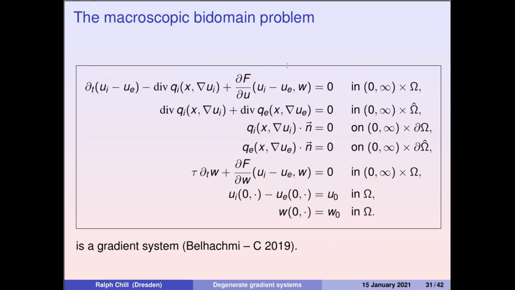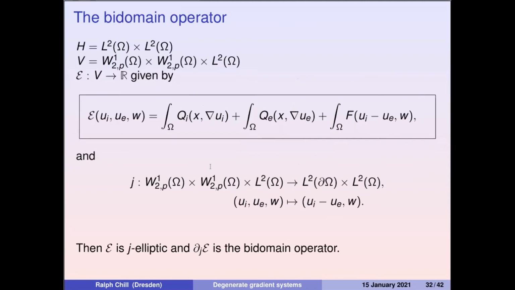So this part here is described by this operator. Everything, all lines, also the Neumann boundary conditions, is included into the subgradient, and this is really a gradient system on the product space L2 with L2, and you can now solve for every initial value.